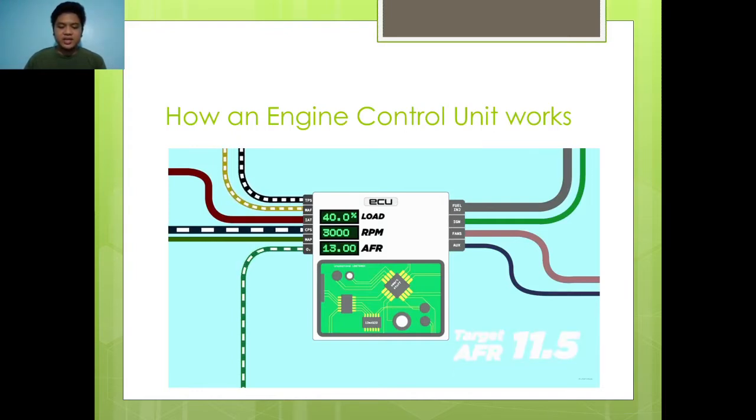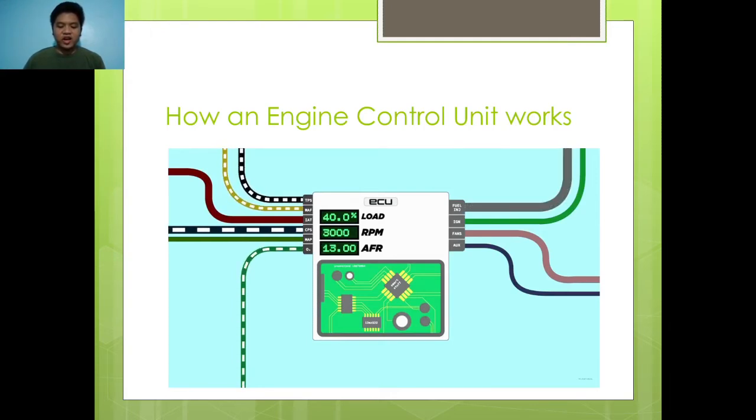The ECU then looks up the AFR, which means air fuel ratio, value for 40% engine load at 3000 RPM, and compares it with the AFR value that is coming from the oxygen sensor from the exhaust system. It then makes the necessary adjustments to make sure the engine is running the way it's supposed to.